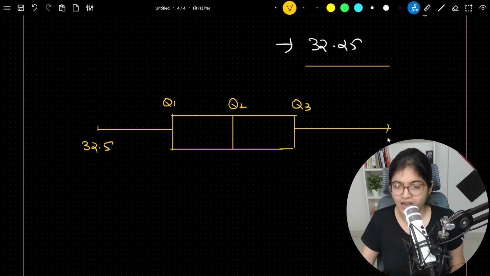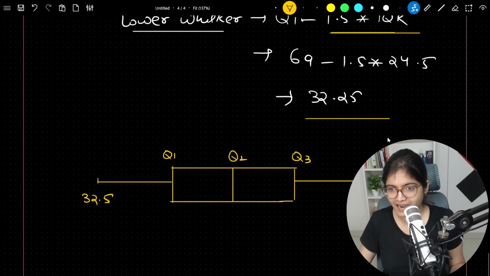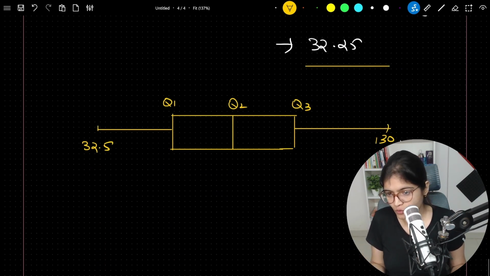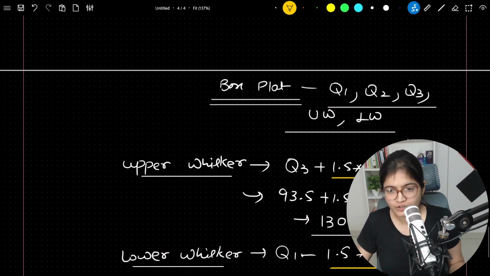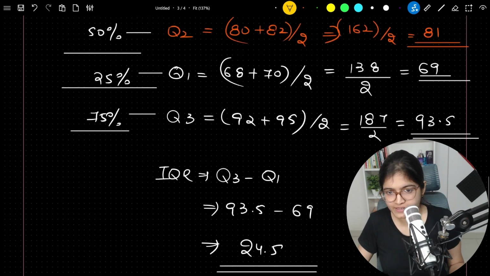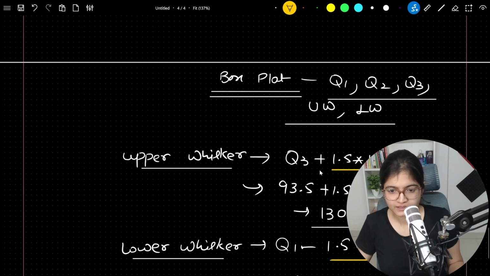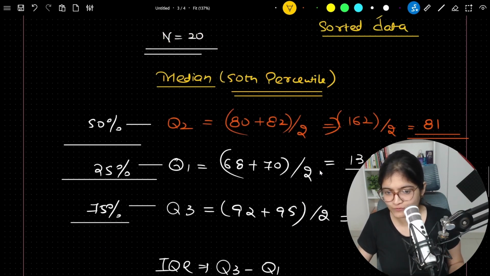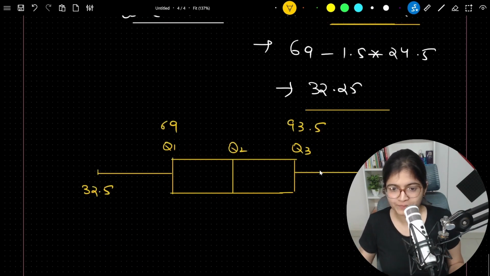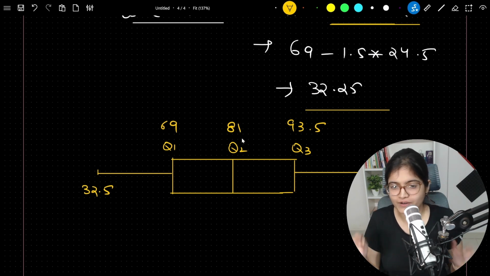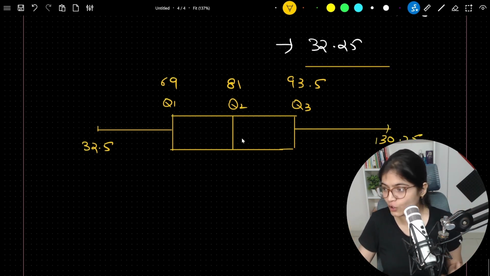And this is what we have as the upper whisker value, which is, I feel, 130.25. The value of Q1 is 69. The value of Q3 is 93.5. The value of Q2, which we got, was 81, right? So this is how our complete box plot will look like.